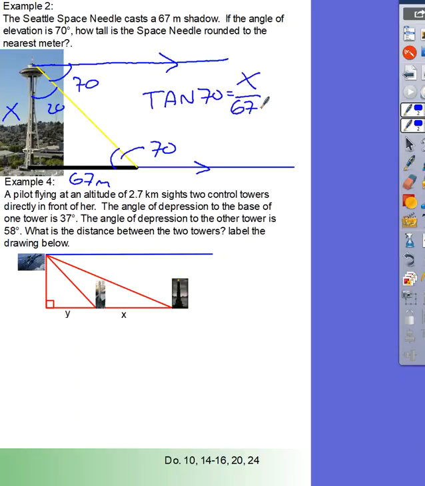And just to remind us, the tangent of angle x is equal to the opposite over the adjacent side length. Then I multiplied by 67 to isolate x. You multiply 67 by the tangent of 70, and I got 184 equals x.